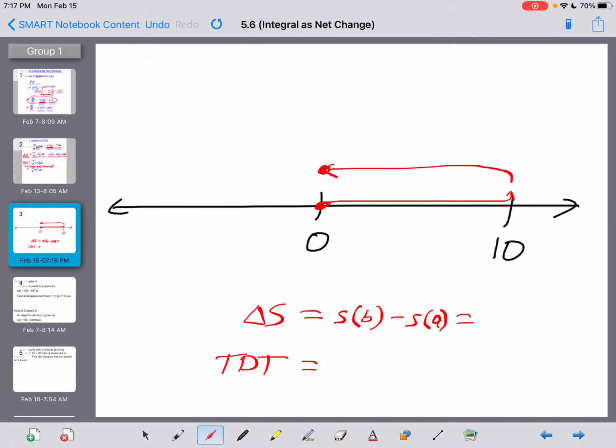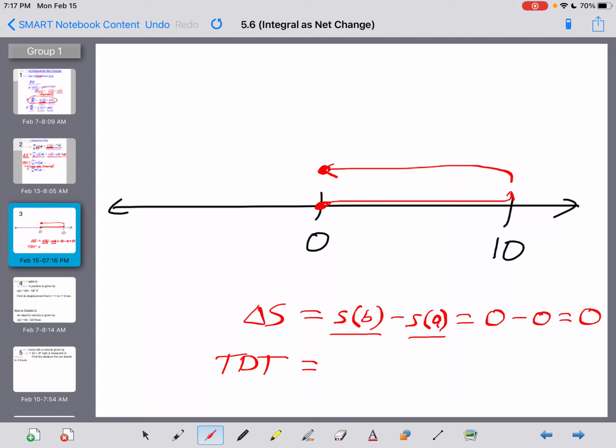If this object moved to the right and then moved back to the left, its position at the end of its journey is 0, minus the position at the beginning of its journey, which is 0 as well. This object has a displacement of 0 feet or meters or miles or whatever we're talking about. The net change of where this object ended up compared to where it started is 0.